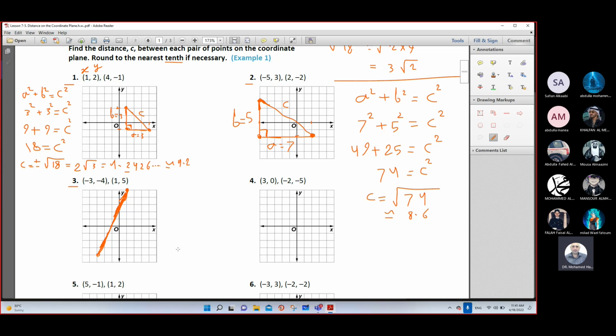Then continue to create a right triangle, find the third point. We can put the third point here. Then create the right triangle.